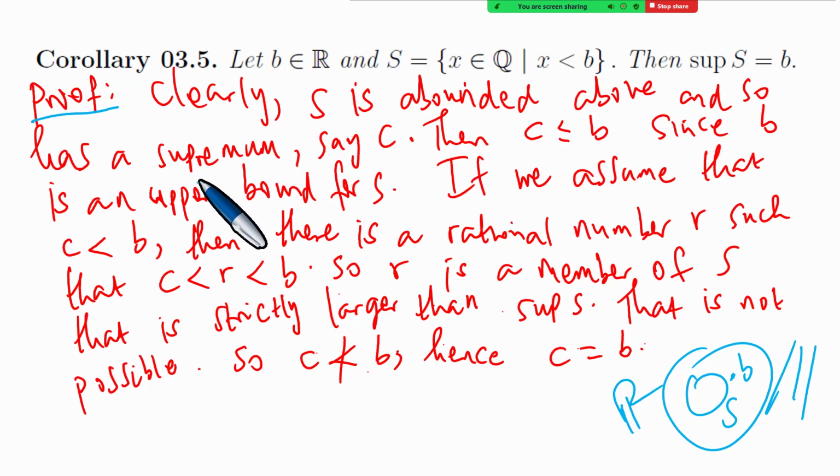Let's call that supremum C. Then this C, because it's the supremum, and a supremum is the least upper bound. So in other words, the supremum is the least upper bound.